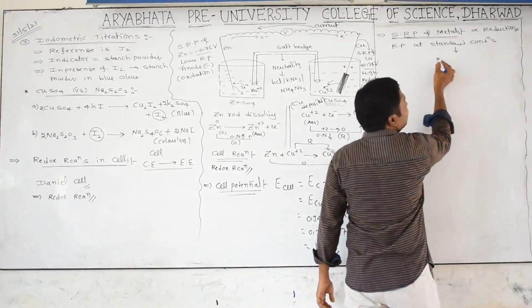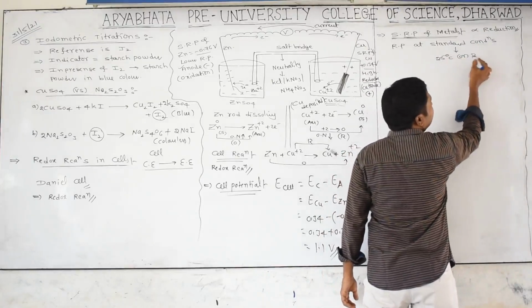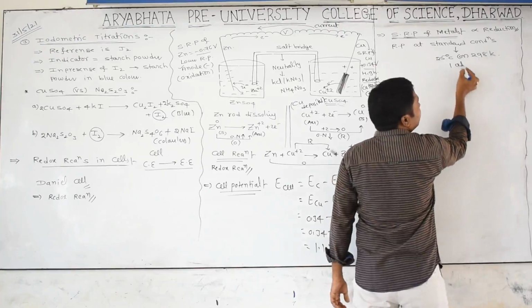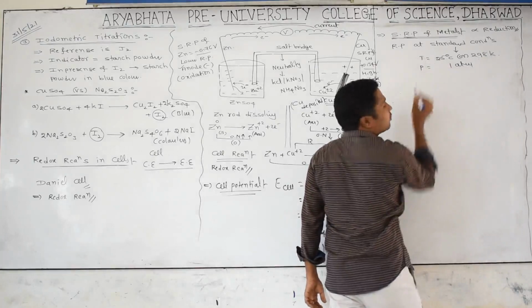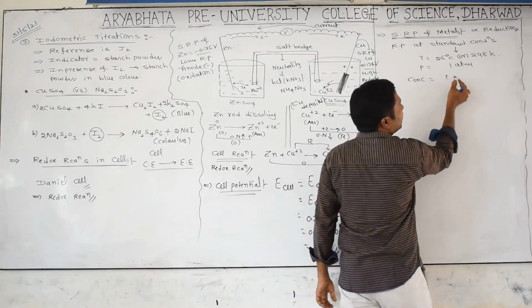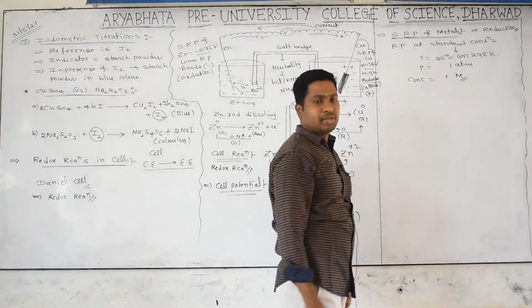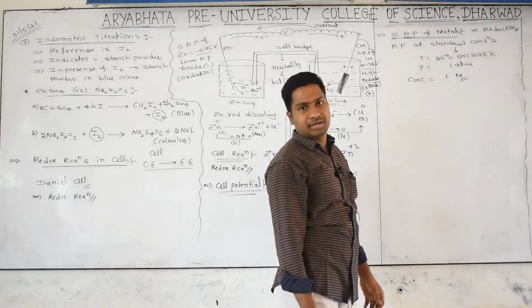We have to maintain 25 degrees Celsius, or 298 Kelvin temperature, 1 atmosphere pressure, and 1 molar concentration of the solution. Then whatever reduction potential we get is called the standard reduction potential.